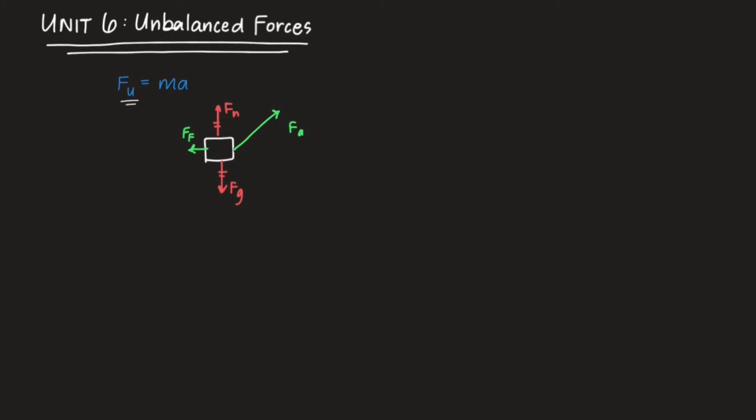That's more common than straight to the right or straight to the left. So the question that we're going to delve into today is, what do we do when we see a force that's not exactly to the right or to the left or up or down? Okay? So let's remind ourselves about vectors.